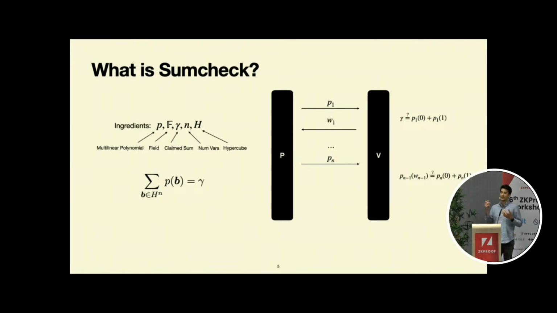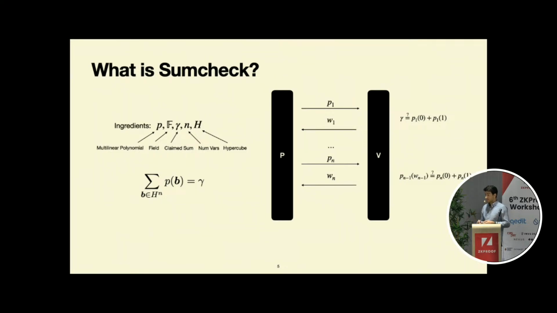And this time, instead of checking the sum of these values against the value gamma, they're going to take the univariate polynomial from the previous round. They're going to evaluate it at the randomly sampled element that they provided the prover in the previous round. OK? If this works, then we proceed forward. We sample another field element. We send it to the prover. And we continue in this manner for all of the variables in the polynomial.